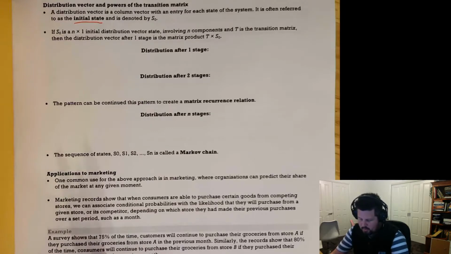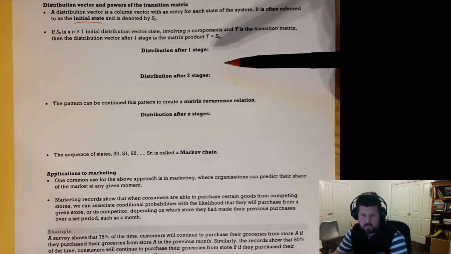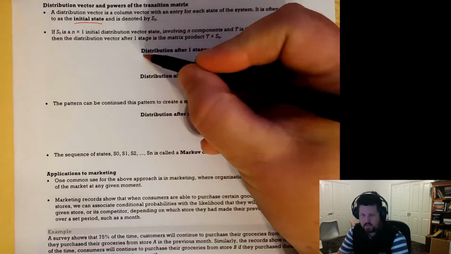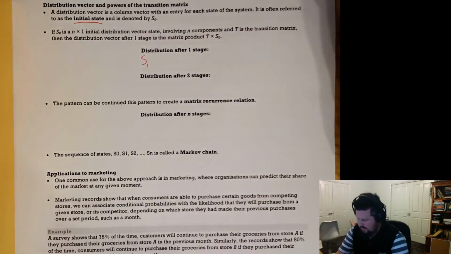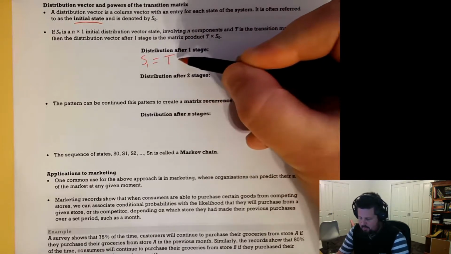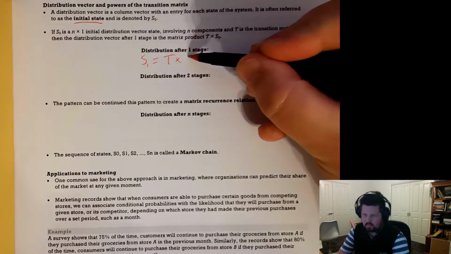Building upon that, if you wanted to find out what the distribution is after one stage, you're finding S1, and it would be equal to the transition matrix multiplied by the one before S1, which would be S0, the initial state.